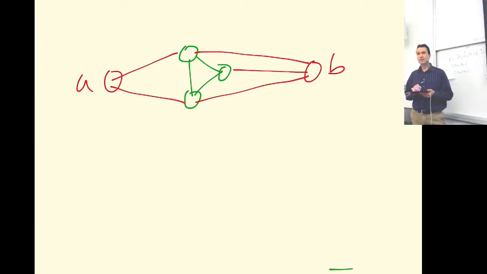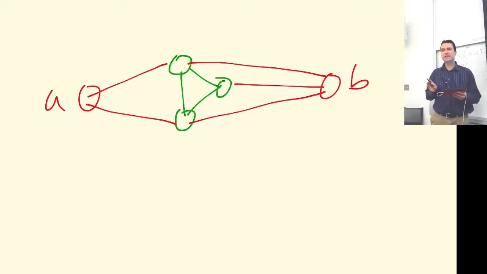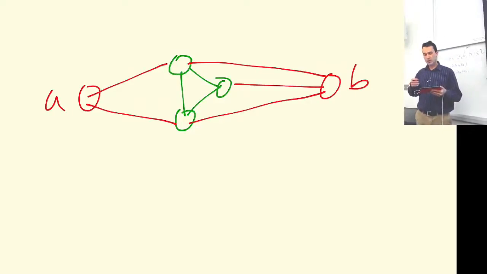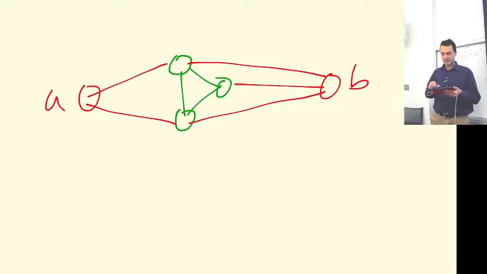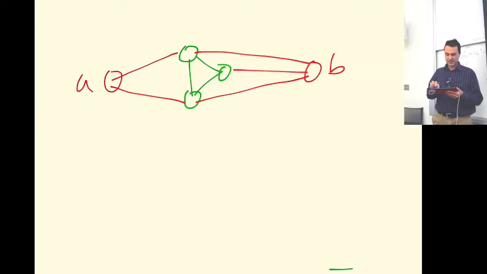And so the separator is in green, and A and B are on the left. What the theorem is saying is that while the green stuff is a separator, it can't be a minimal separator because it's not connected to some node in GA and some node in GB. Like in particular, notice that this node here, let's call this guy orange.